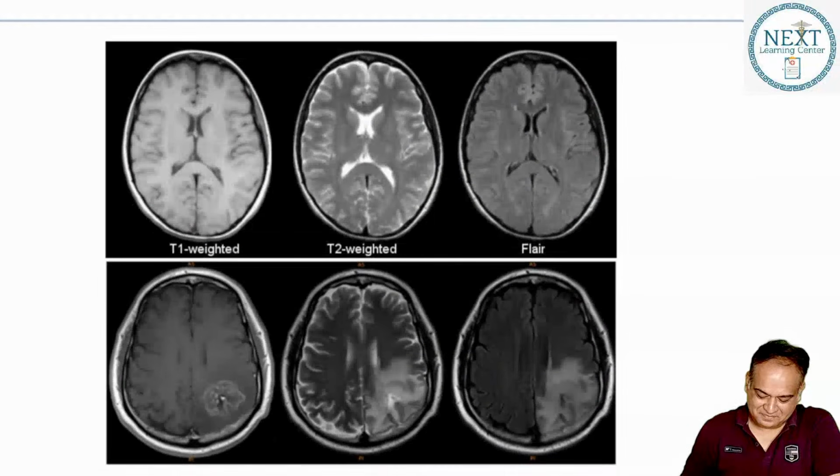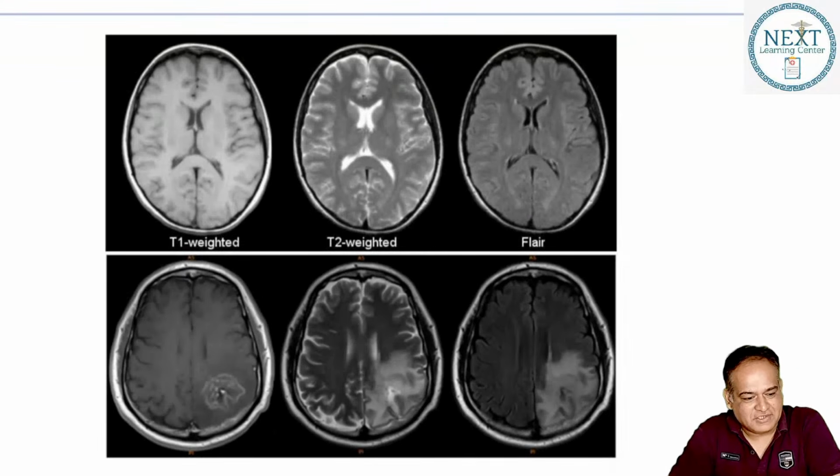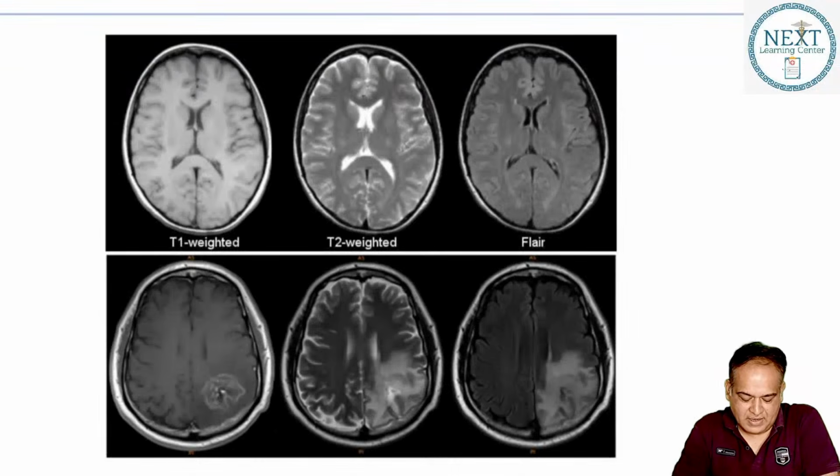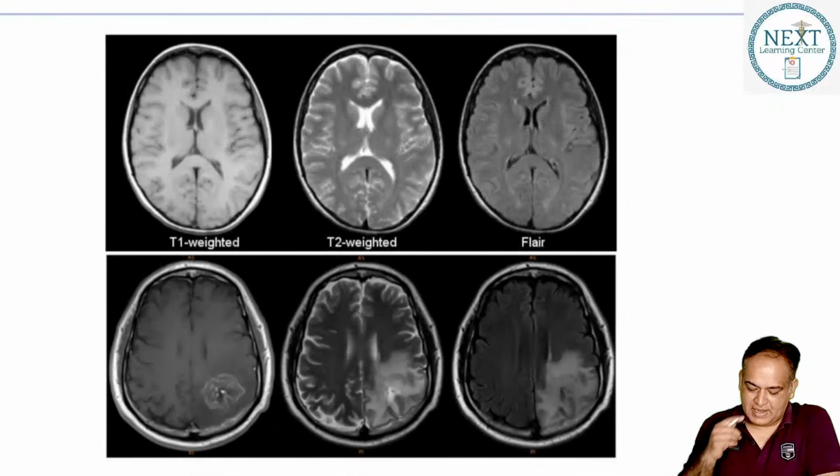Okay, see. So these are the images which you see on T1, T2 and FLAIR. T1 is for anatomy and contrast. Fine. T2 is for edema and FLAIR is for periventricular pathology.